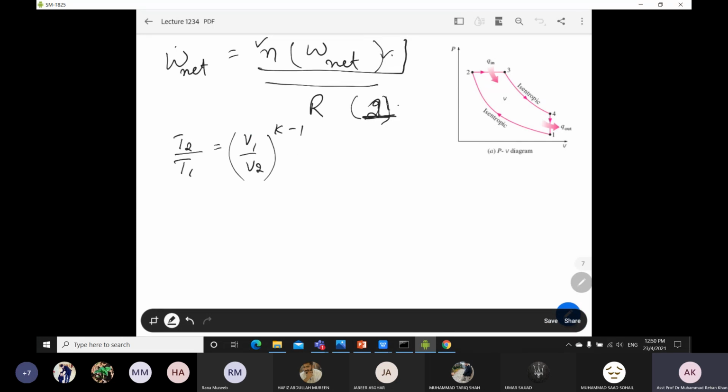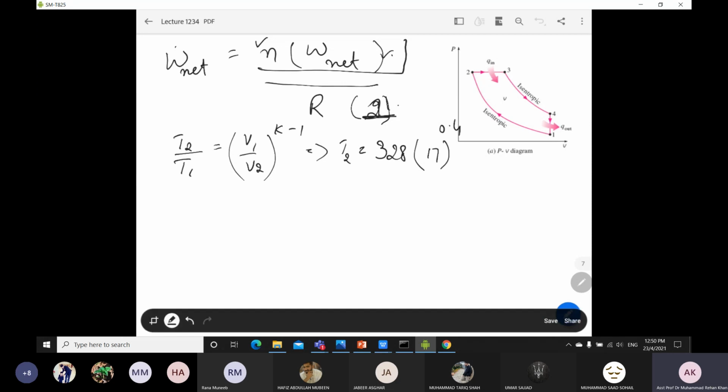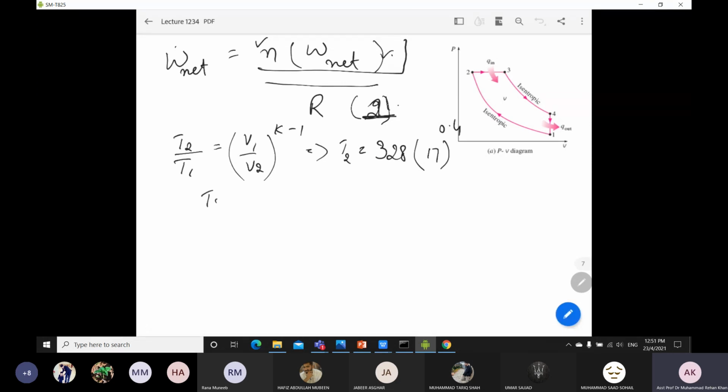Okay, so here you can say T2 is equal to 328 Kelvin times V1 over V2, which is the compression ratio given in the question, 17, to the power k minus 1, which is 1.4 minus 1. Okay, so from here you can easily find the temperature at point number 2.